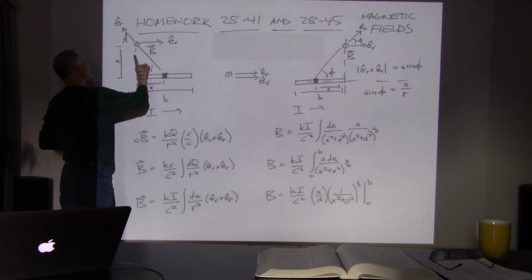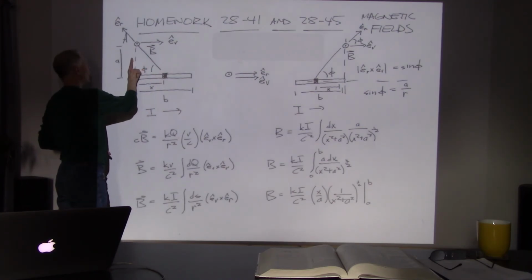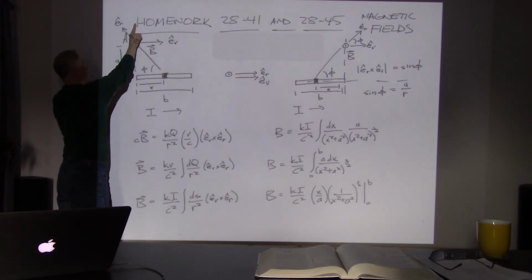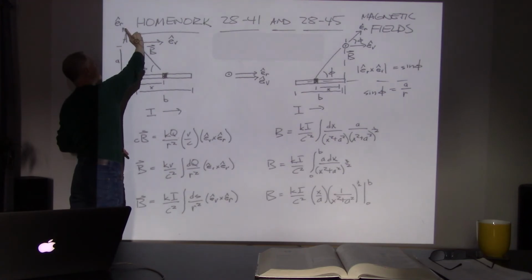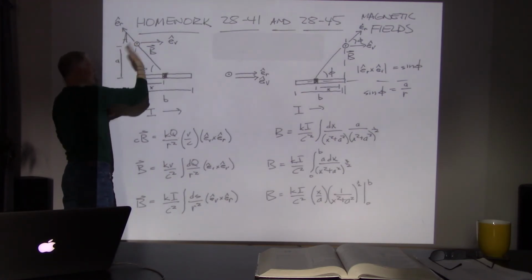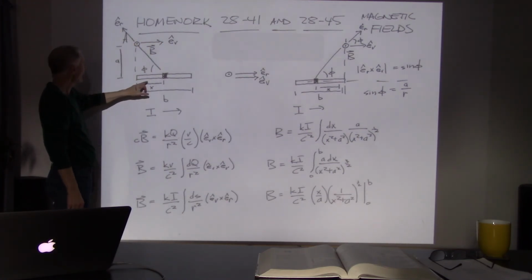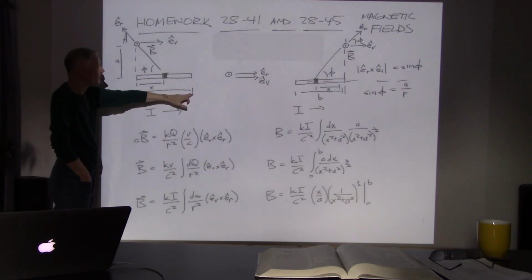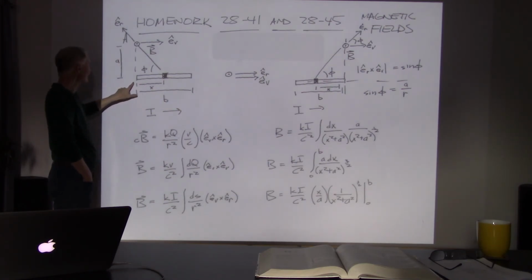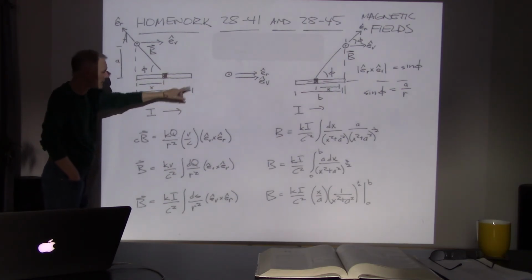Now, the radial unit vector changes. When I start over here, the radial unit vector was here, but as we integrate across this length, that keeps shifting, and we'll take that into account. So x, I'm going to say, is the distance measured from x equals 0 out to, eventually, b. So we're going to integrate from 0 to b.